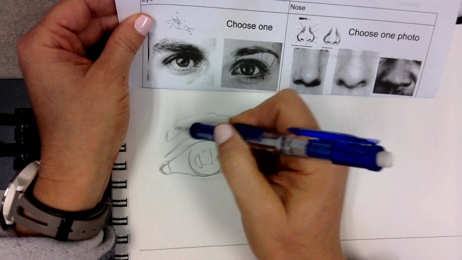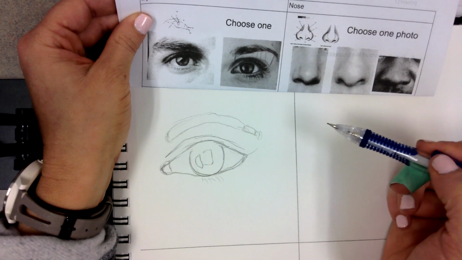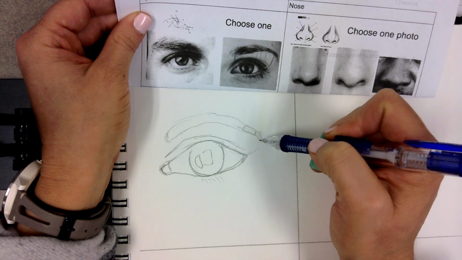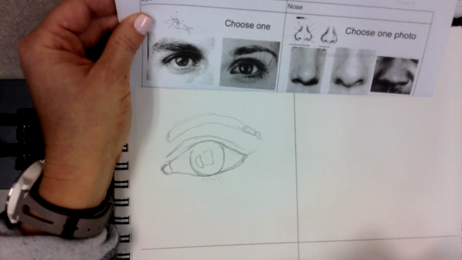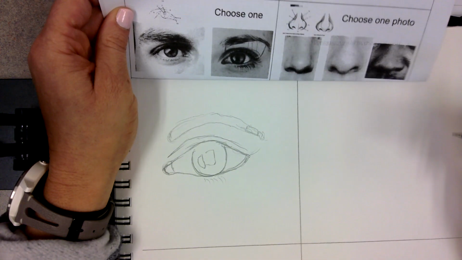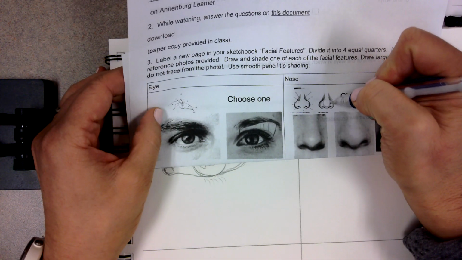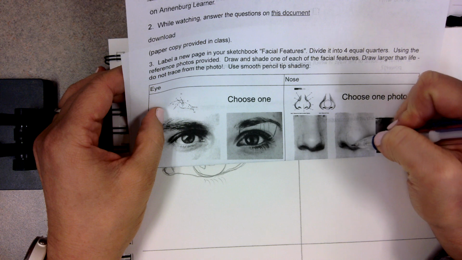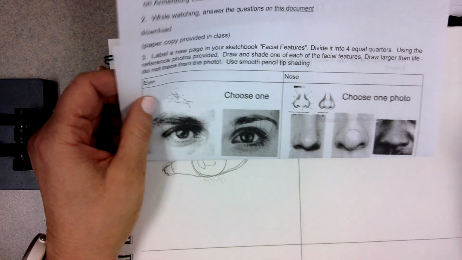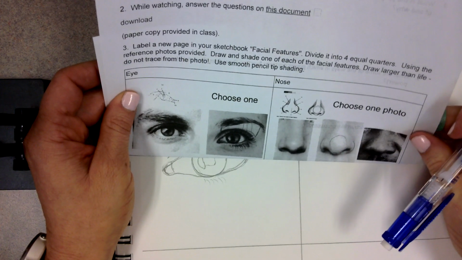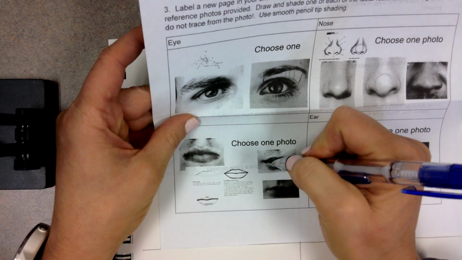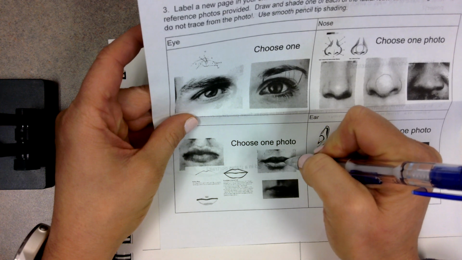Once I have a good general outline or contour line of where everything is, then I can start shading. So you're going to do an eye. You're going to pick one of these noses. The important part of the nose is to think about it as a ball or a circle, and then these two lines on either side, kind of like parentheses. With the mouth, this line right in here is so important.